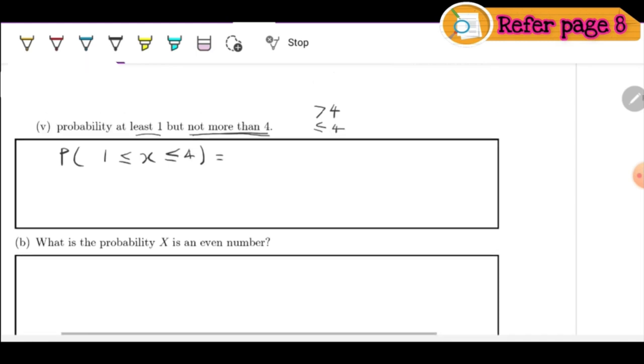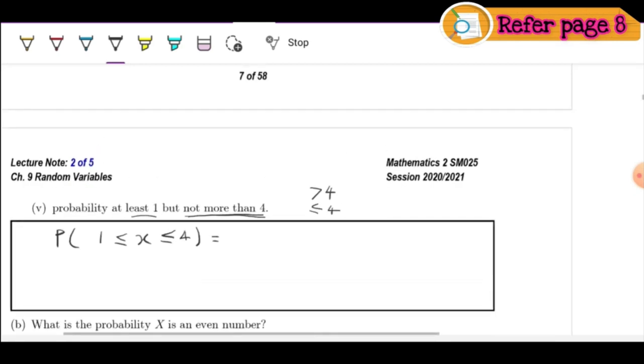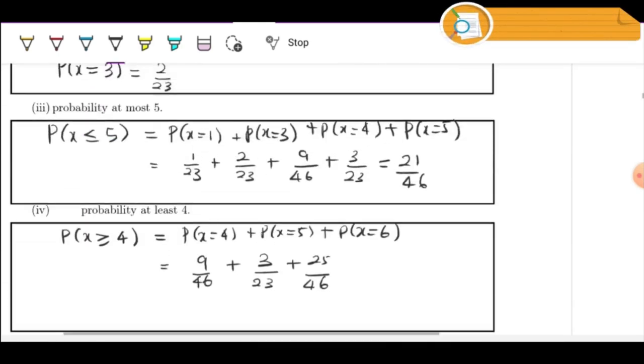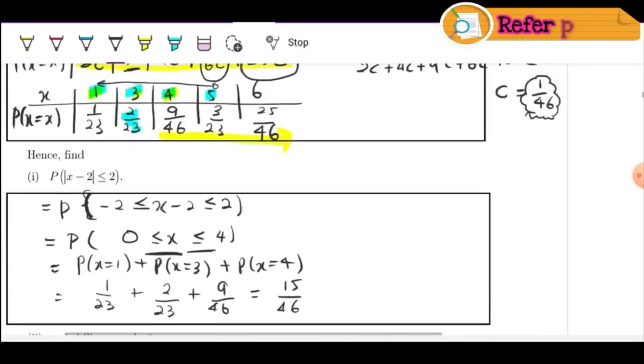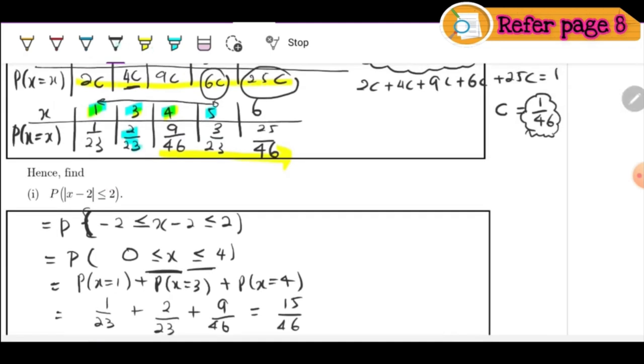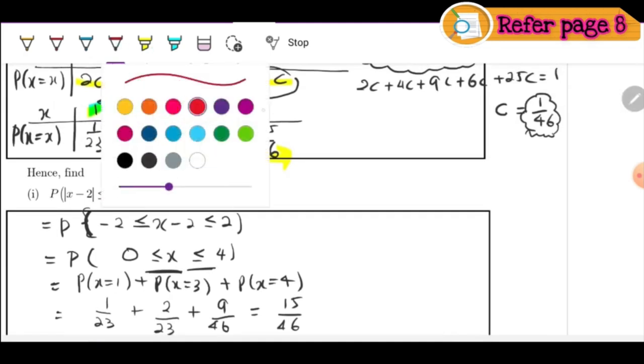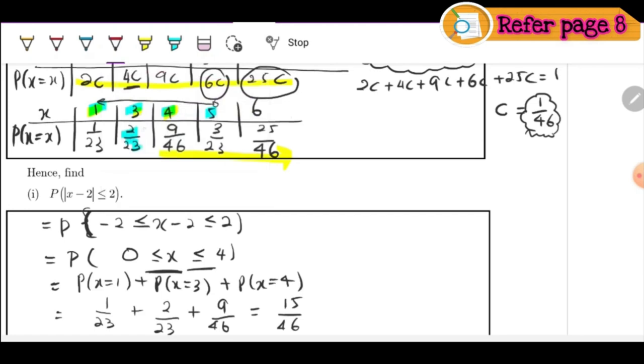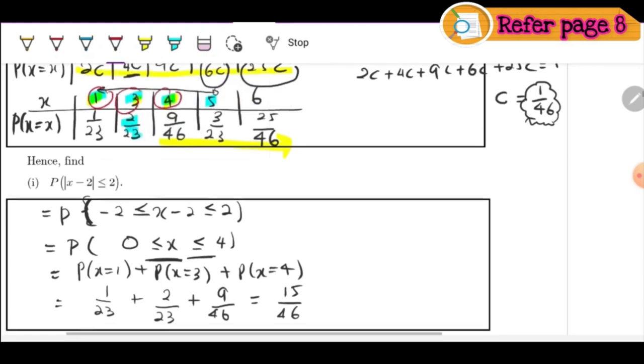So, to find the probability of x greater than or equal to 1 and less than or equal to 4, look at the table. We can take the values 1, 3 and 4.